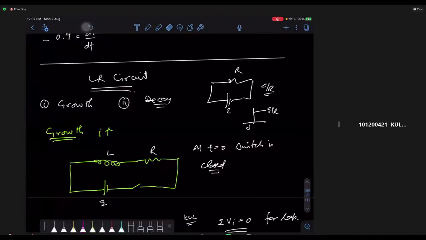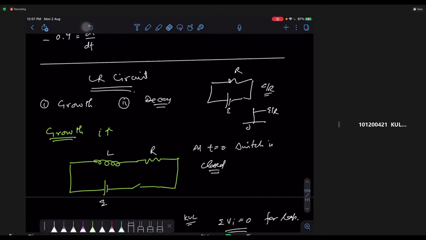But my inductor has a property to oppose the current change. If the battery tries to increase the current, my inductor opposes it. Resistance doesn't oppose the current change. If we have only a resistance and a battery, your current can go from 0 to E by R suddenly. But through the inductor, this is not going to happen.